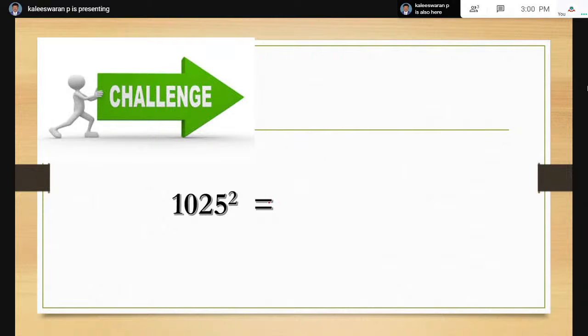First, 5 square equal to 25. What is the second step? Cancelling digit 5 in the number. The remaining digits 102 should be multiplied with 103.